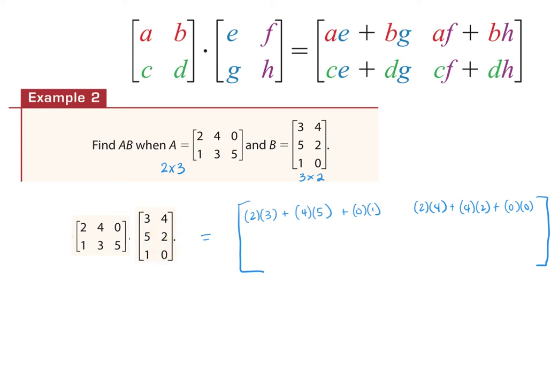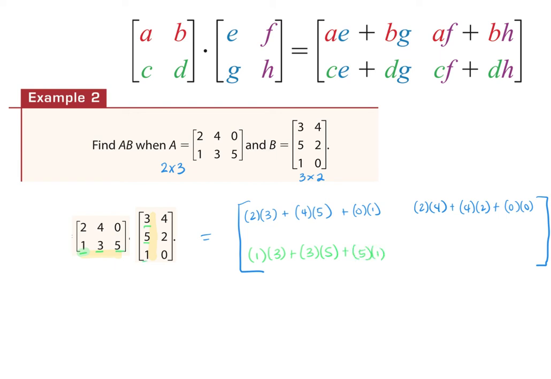Now I'm going to take the second row, this one, and I'm going to do the same exact thing with the first column. So I'm going to say 1 times 3 plus 3 times 5 plus 5 times 1.